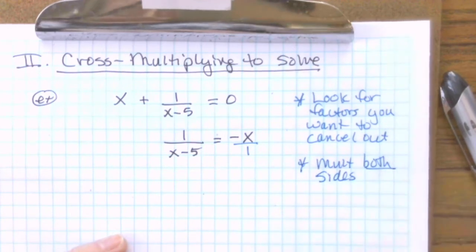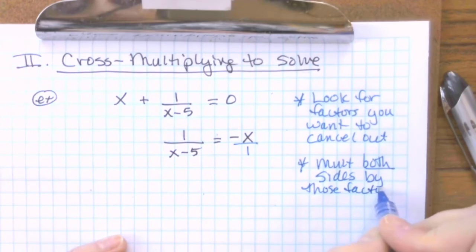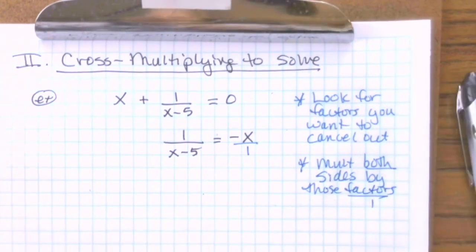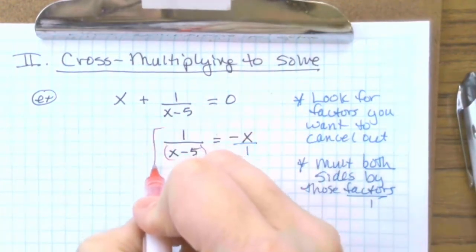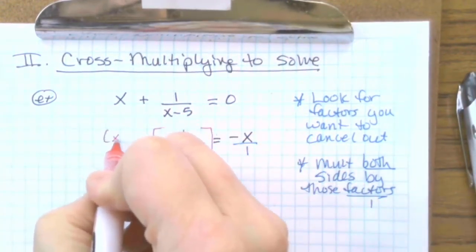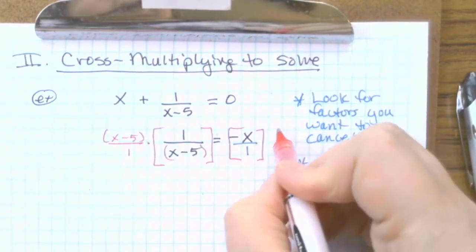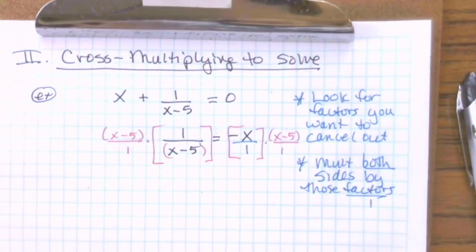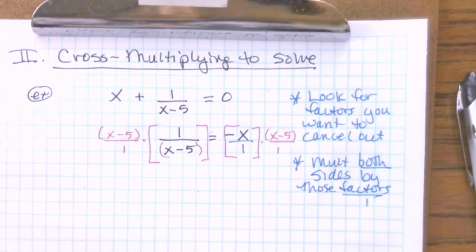Again, it has to be both sides by those factors over 1. So I want the x minus 5 to cancel out. So I'm going to multiply the entire left by x minus 5 over 1 and the entire right by x minus 5 over 1. Every term on both sides must be multiplied by the same thing or it is invalid.